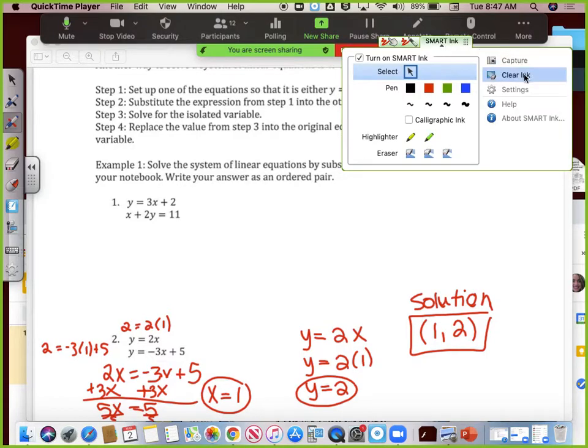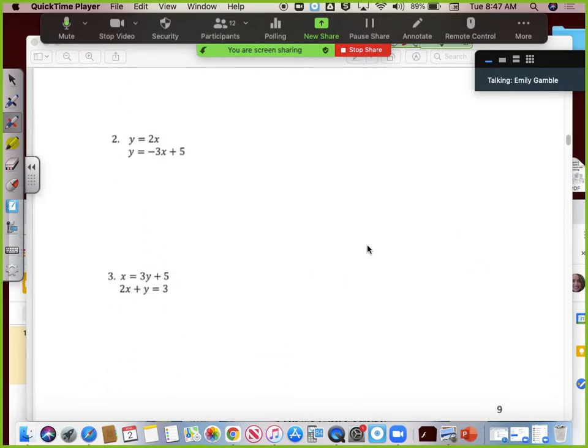The first step in solving a system by substitution is making sure that the equations are in either x equals or y equals form. Looking at number 3, the equations are x equals 3y plus 5 and 2x plus y equals 3. So this one's a little bit different because it actually already has an x equals, but we're not used to seeing equations in x equals form. It's usually y equals. But we can do the substitution step because this one is solved for x.